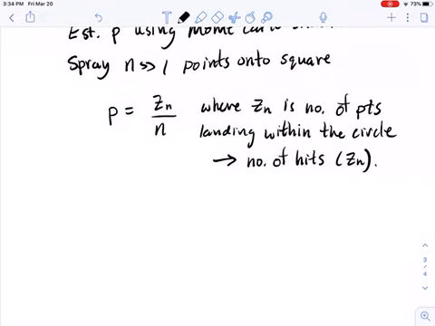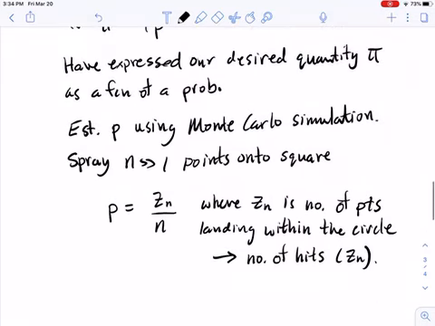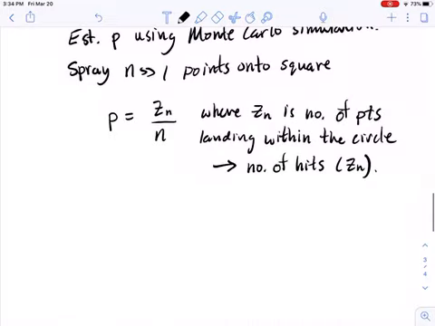Okay, so that means that if p is Zn over n and pi is 4p, then we get that pi is equal to 4 Zn over n.